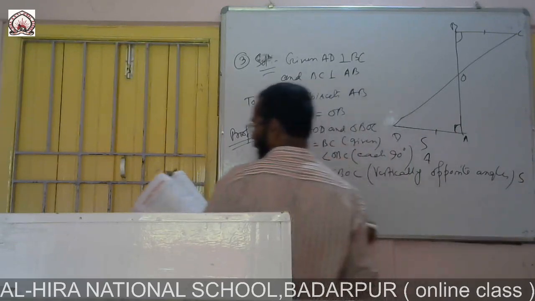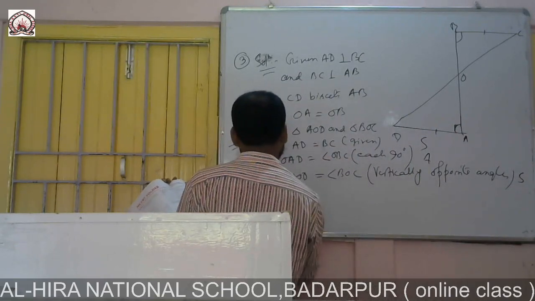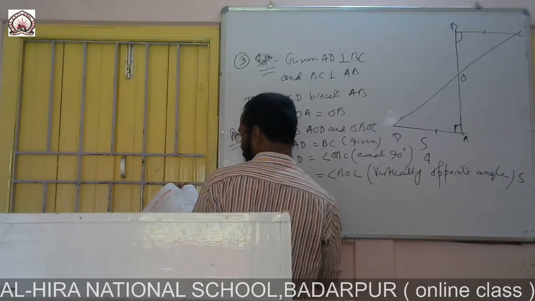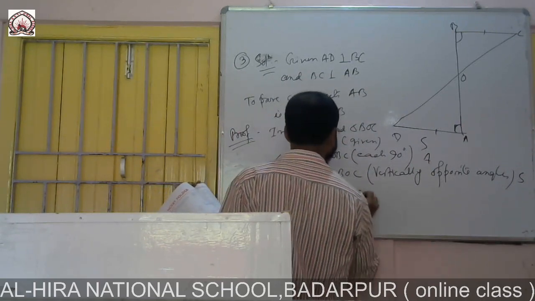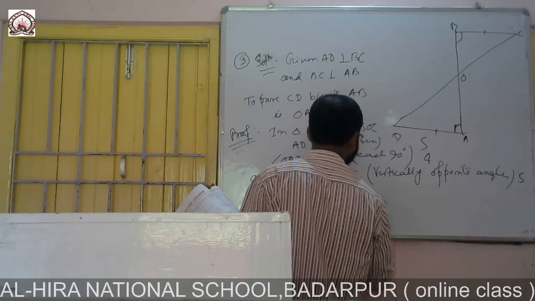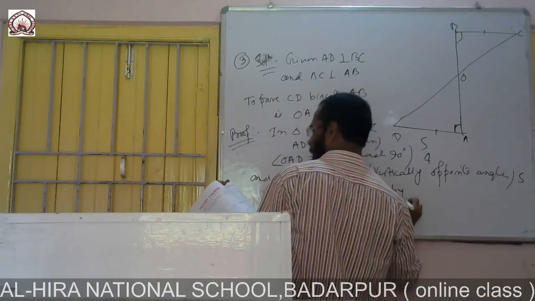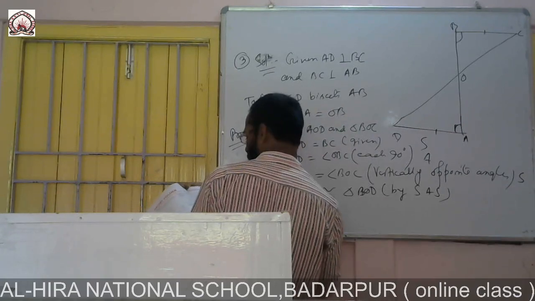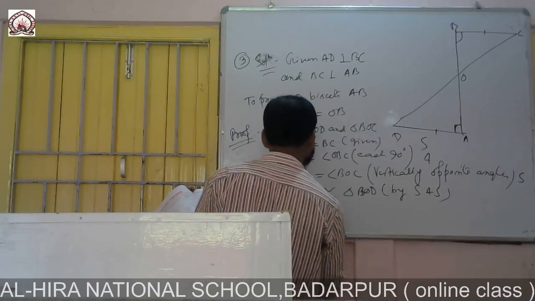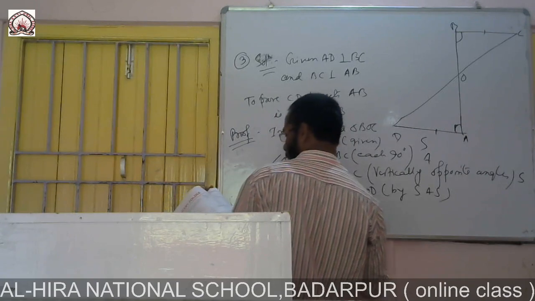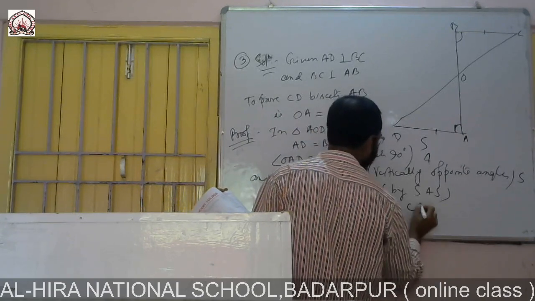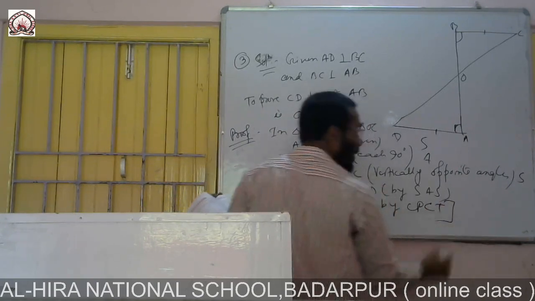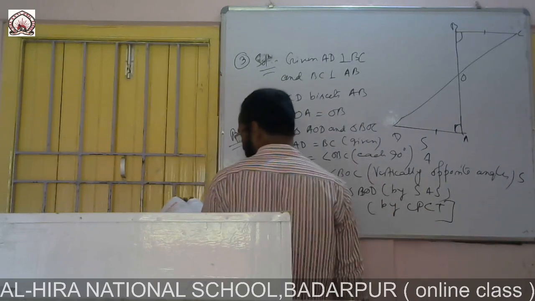So by SAS, we can write triangle AOD is congruent to triangle BOC by SAS property. Thus by CPCT we can write OA is equal to OB. This is the most important word in this chapter, CPCT.